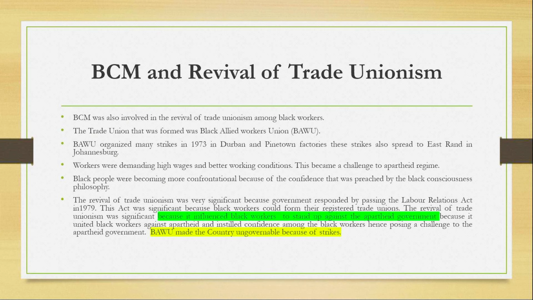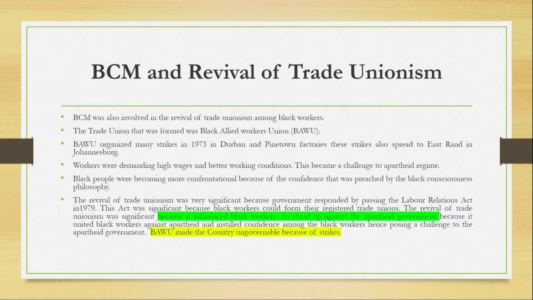Now, if the Black Consciousness Movement was able to revive the trade unions in South Africa, the revival of trade unionism was very significant because government responded by passing the Labour Relations Act in 1979. This act was significant because black workers could form their registered trade unions.